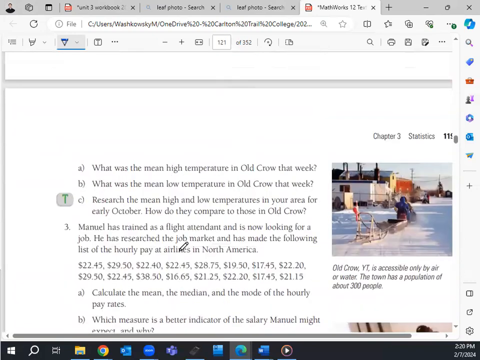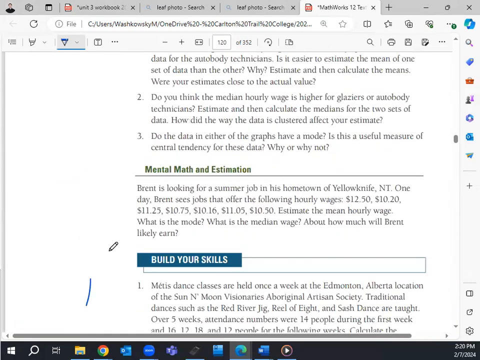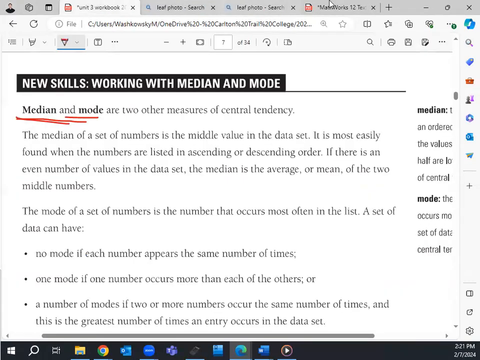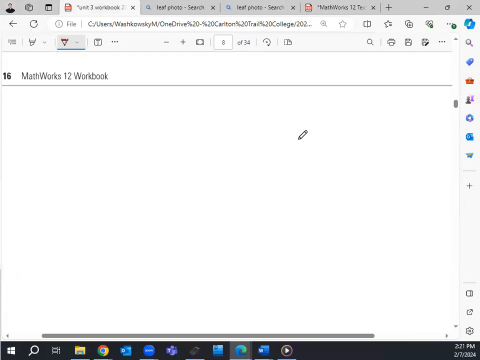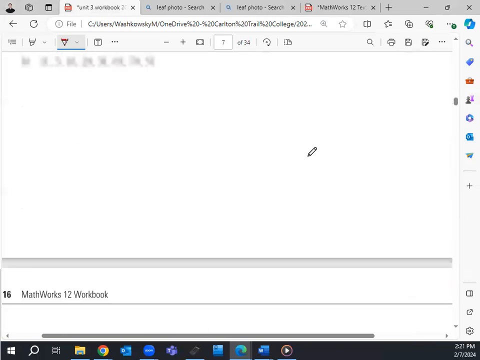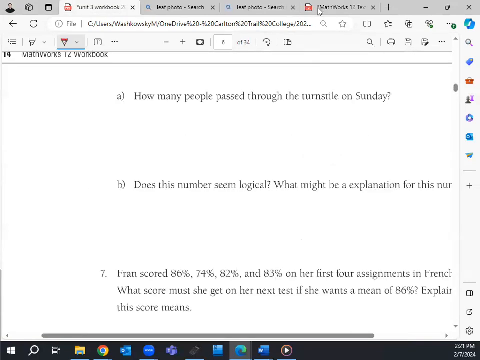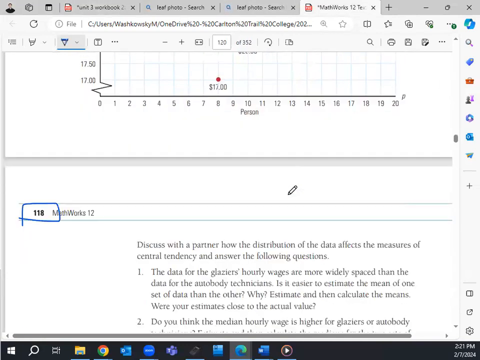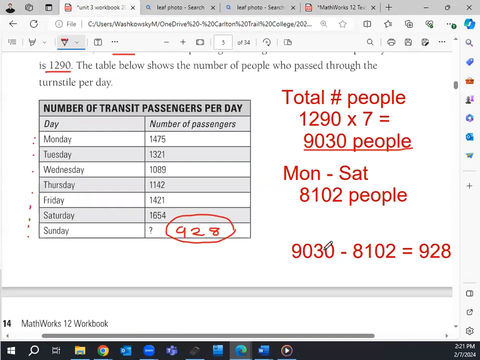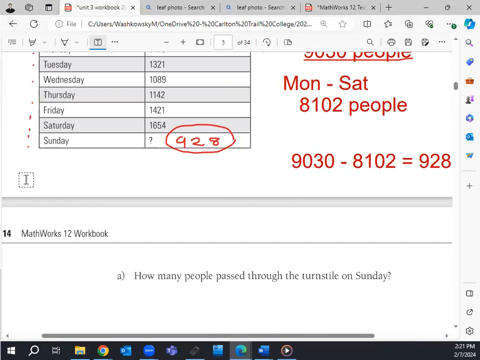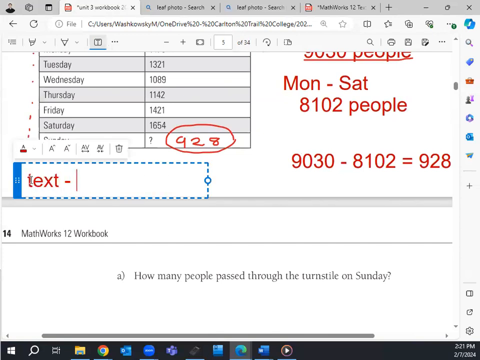Just do the mean stuff for now. But yeah, I'll give you guys some time for that. Again, if you have any questions with this, let me know. It's going to be really important to make sure we got this stuff down. Textbook, page 118.